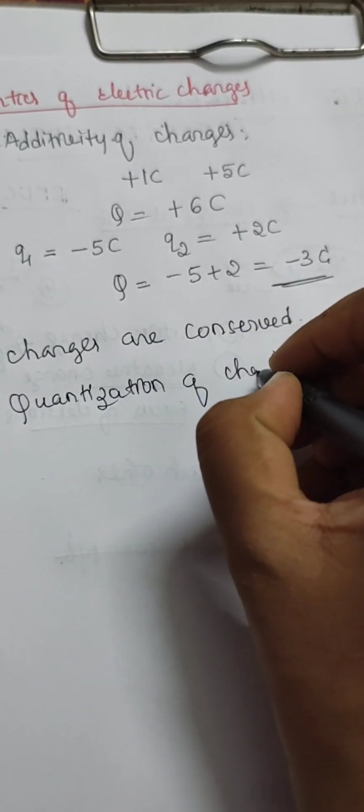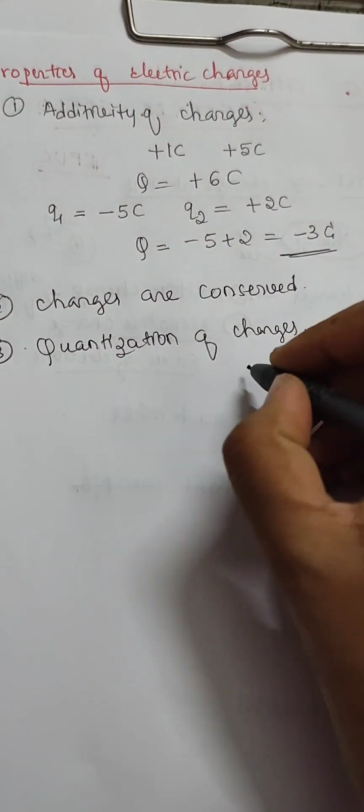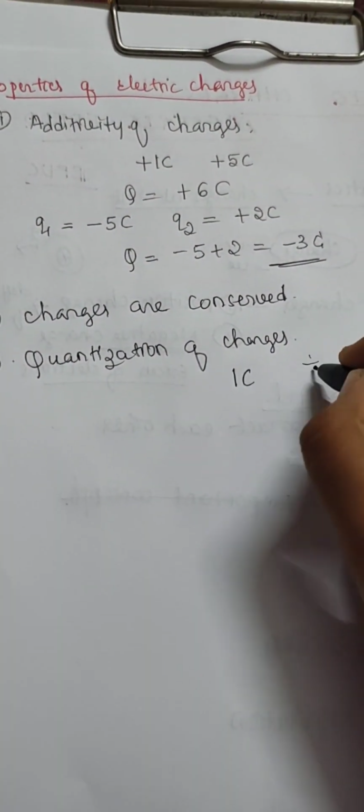Third one is quantization of charges. Quantization of charges means we can have only 1 coulomb of charge, that is plus q, if we take q equal to 1 coulomb. We cannot have half of the charge or 3/4 of the charge.